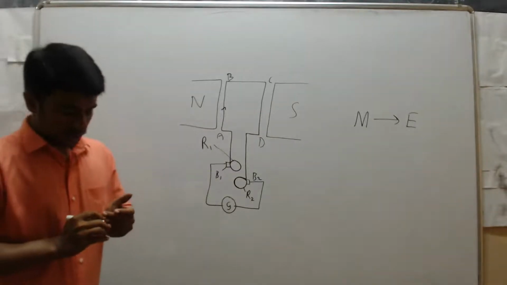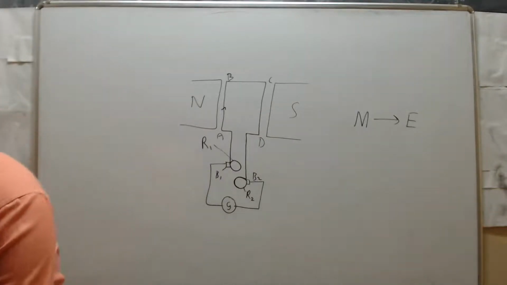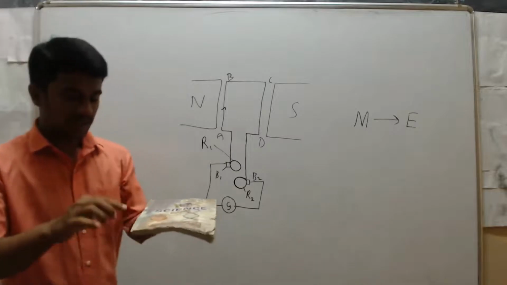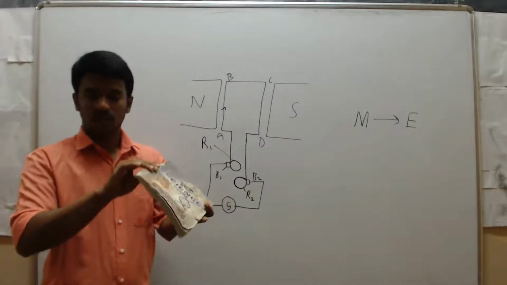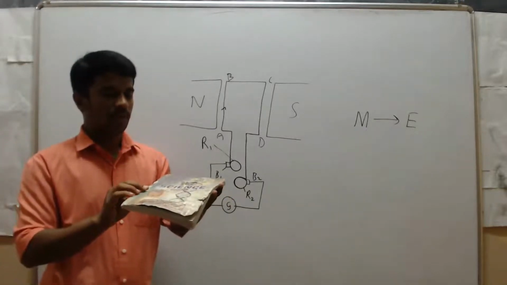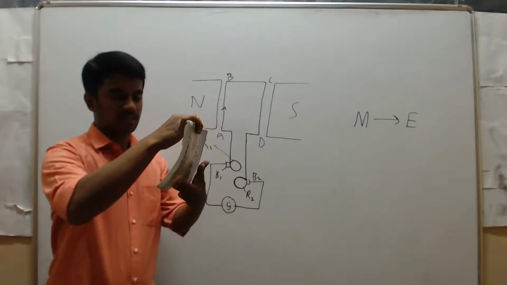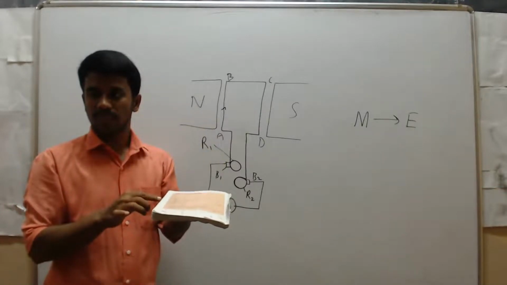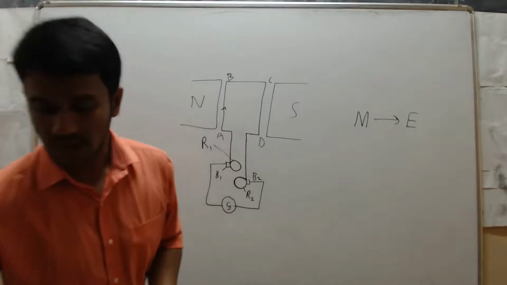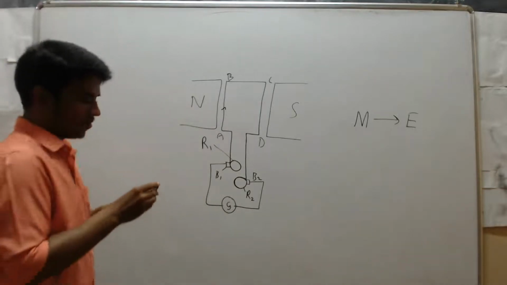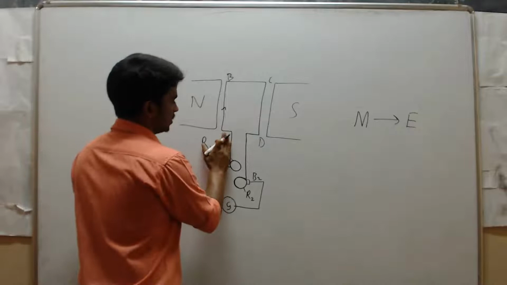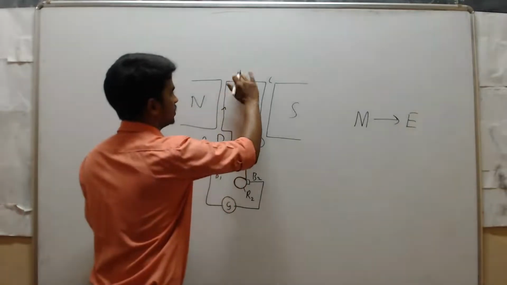Now see, after one rotation, what will happen? See here, this is AB. After half rotation, this AB will go this side, and CD will come this side. DC comes this side.